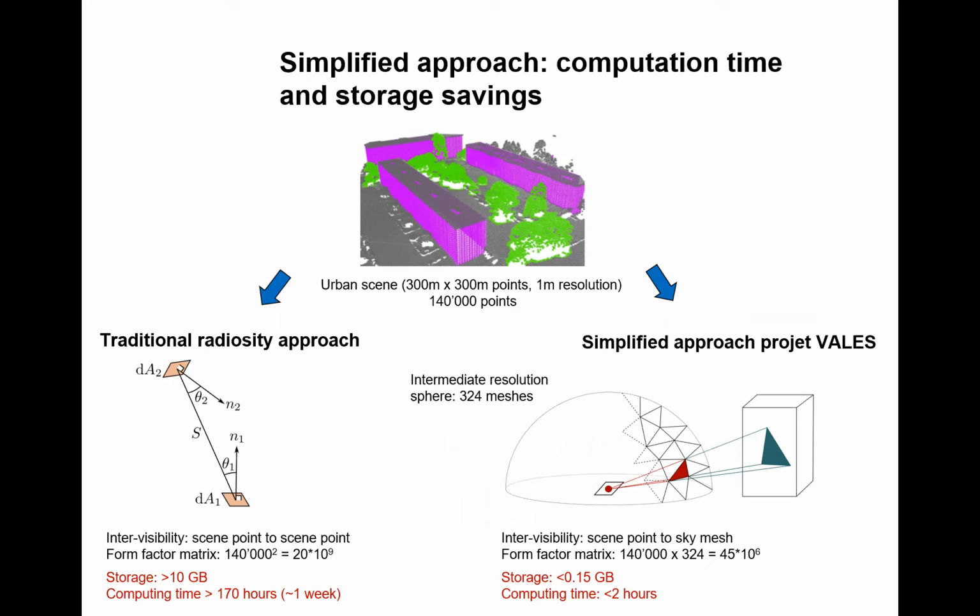For instance, for this scene of 300 meters with 140,000 points, the intervisibility, the form factor matrix, will have billions of occurrences to consider for the pairwise intervisibility, which is a very high amount of storage.